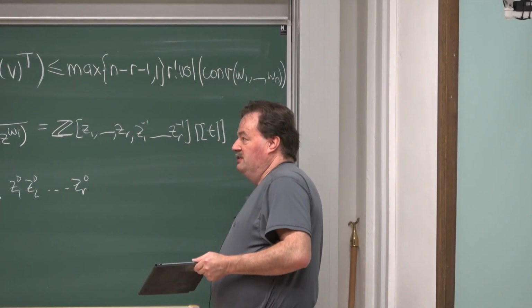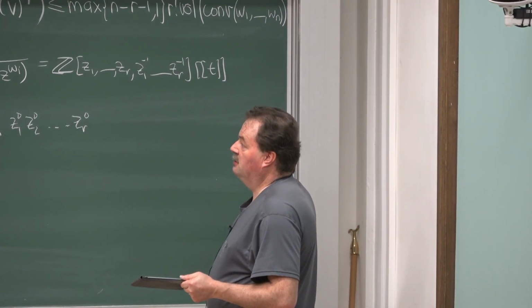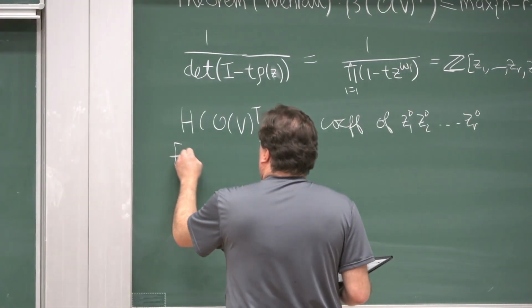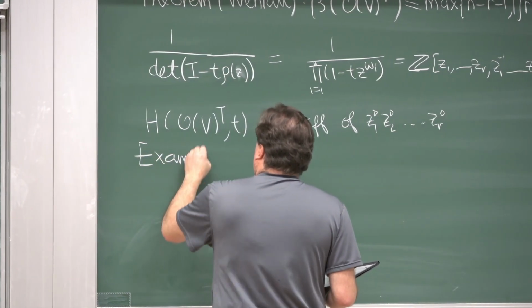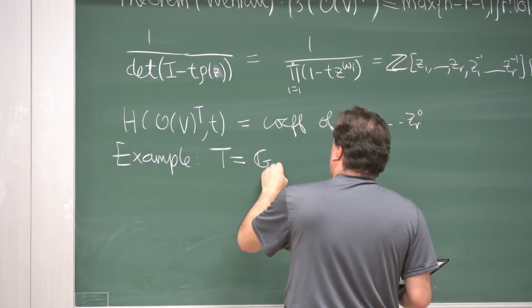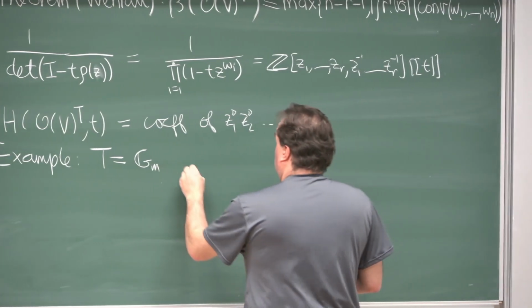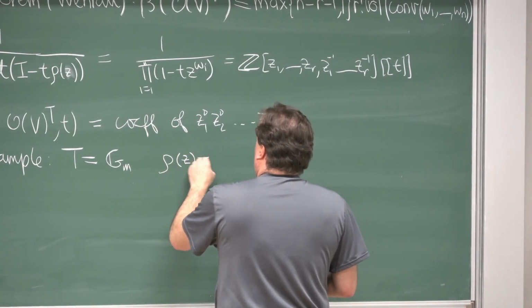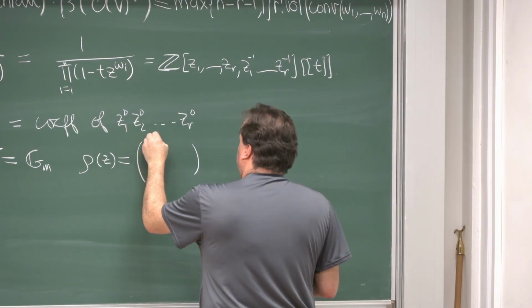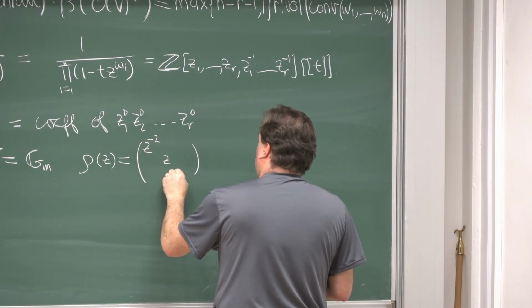In principle, we can do this, and I'll do it in a simple example. So let's take T to be just a one-dimensional torus, rho of z to be z to the power -2, z, z cubed.